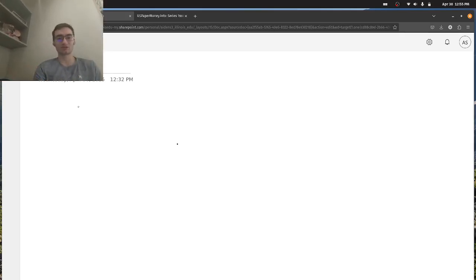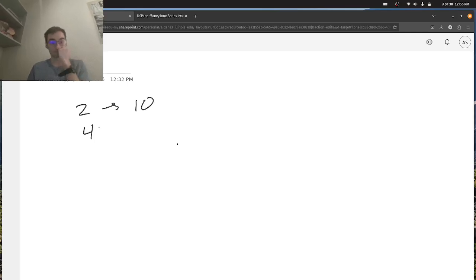If we imagine having cards 2 through 10, and each card has four suits, what would be the expected amount of draws before getting two cards with the same number but different suits? That's the question we're trying to answer.